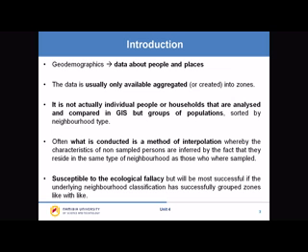Just as a reminder, remember geodemographics deals with data about people and places, so it links the information about the people and the locations where things happen. The problem is that data is normally available in an aggregated way, so that means summarized by zones like regions, constituencies, neighborhoods, and not at individual level.